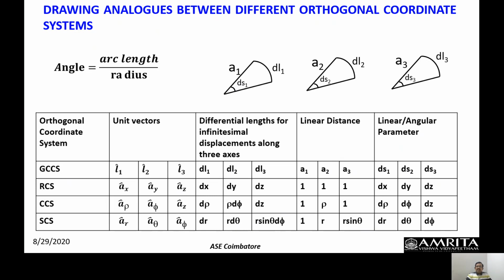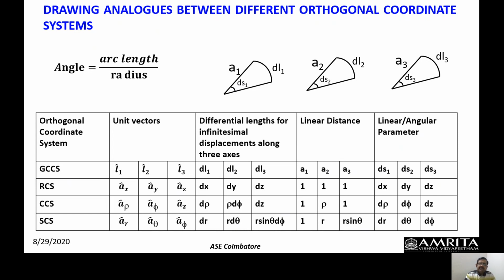Right now we are learning the mathematics, or rather to say correctly, mathematical tricks to evaluate the gradient, divergence and curl in spherical polar coordinate system and cylindrical polar coordinate system, that is, curvilinear coordinate system. So keep that aspect in mind.